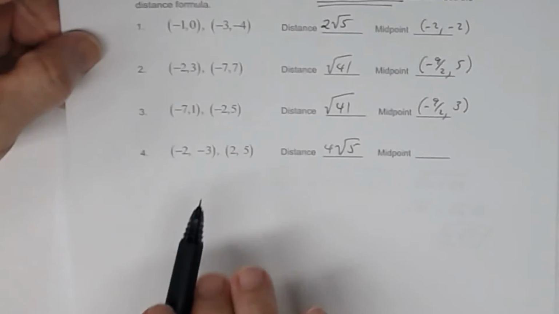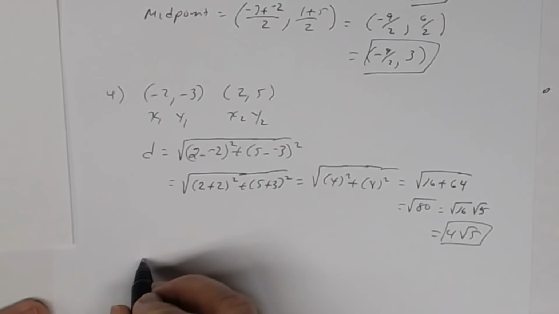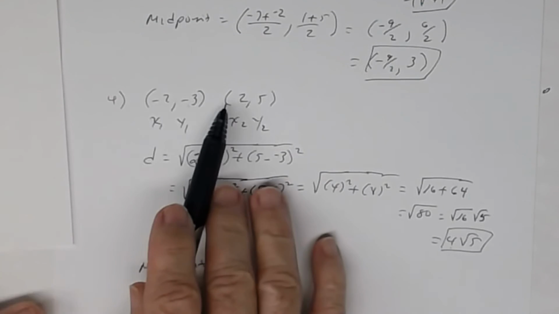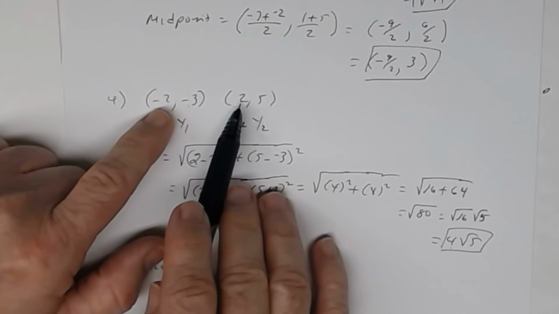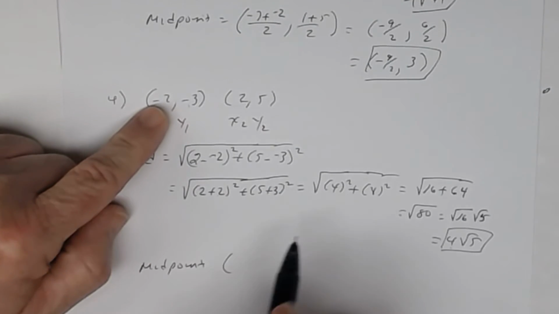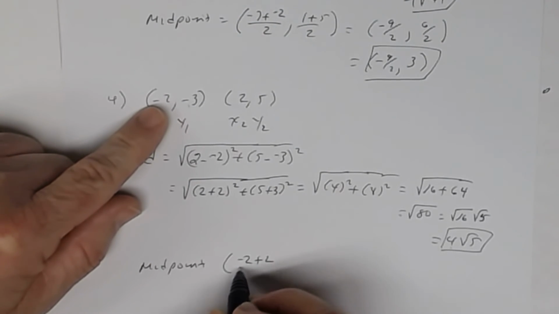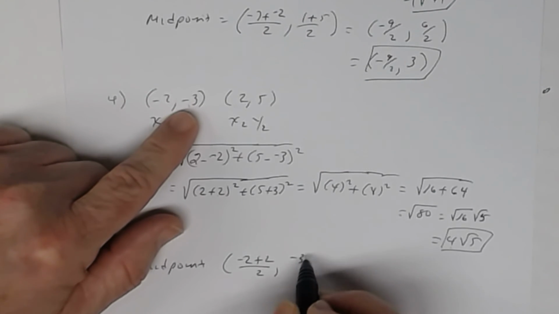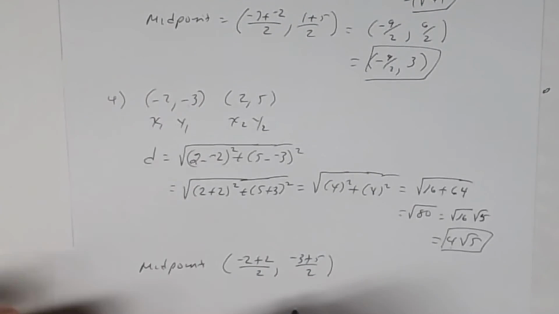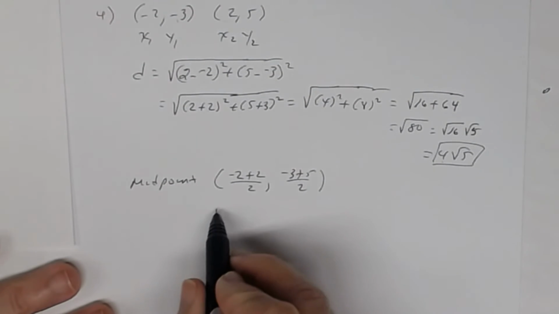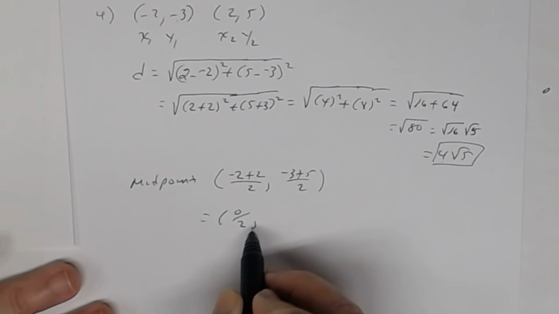And then the midpoint, that's the easy one. So for midpoint, you're going to add the x coordinates together. So remember, midpoint, you add and then divide by 2. So negative 2 plus 2, divide by 2, comma, and then negative 3 plus 5, divide by 2. All right, so notice I wrote this as an ordered pair. So negative 2 plus 2 is 0, so I get 0 divided by 2.